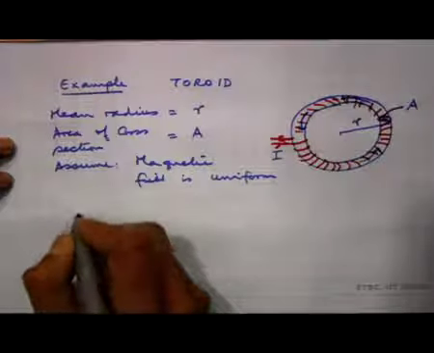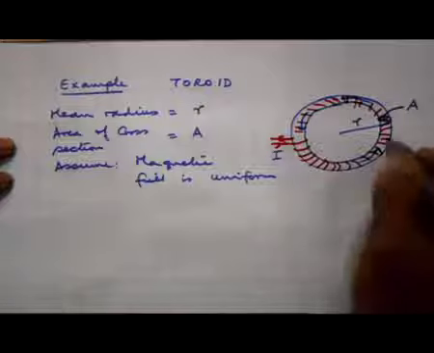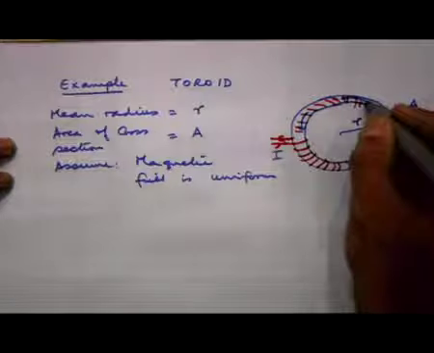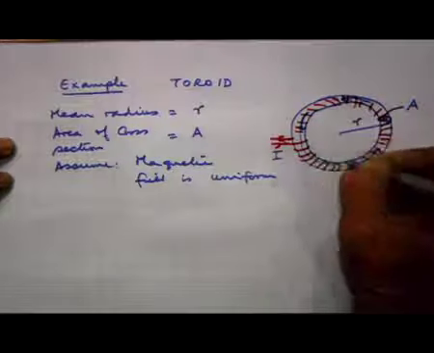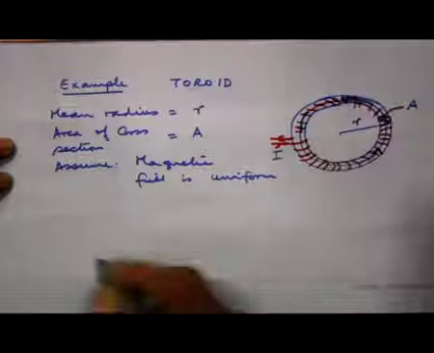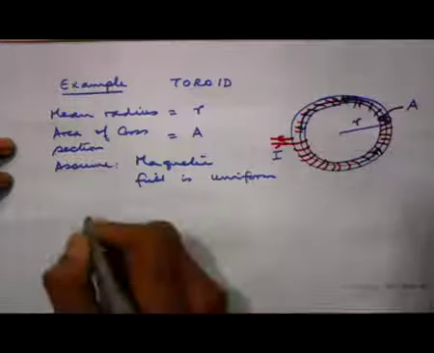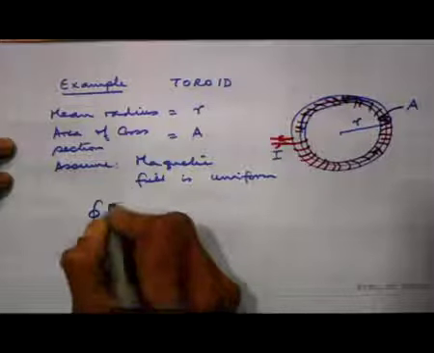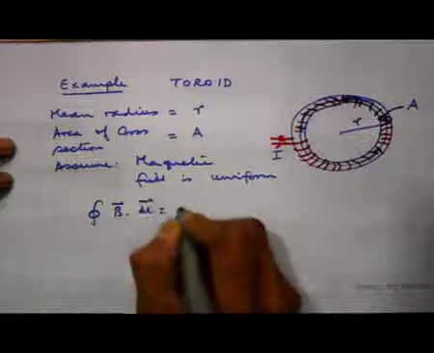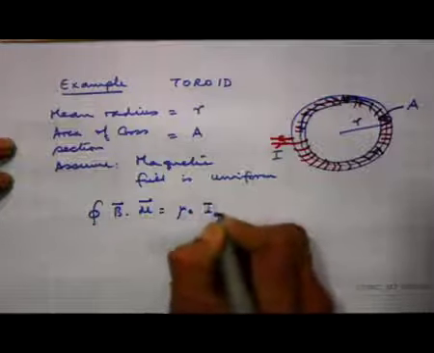So, the magnetic field I can calculate by using Ampere's law. So, I take a loop like this. So, Ampere's law is the integral of B dot dl equal to mu 0 times I enclosed.